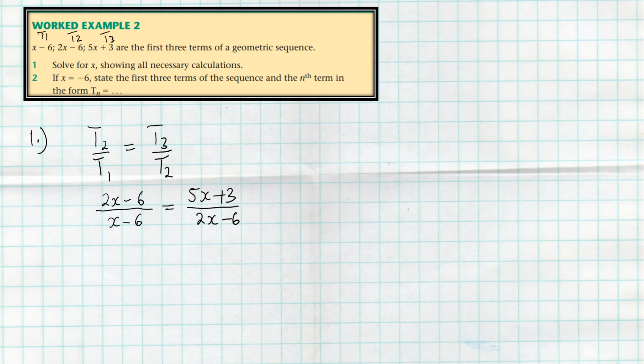Then we just gonna cross multiply in order to solve for x, right? Okay, so we're gonna cross multiply. So the 2x minus 6 and the 2x minus 6 go together. Let me put them in brackets: 2x minus 6 multiplied by 2x minus 6, and we have x minus 6 being multiplied by 5x plus 3.